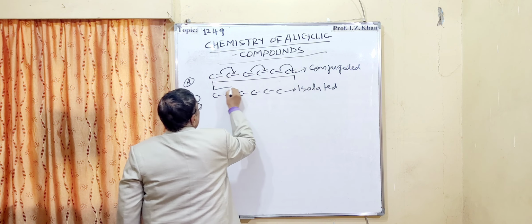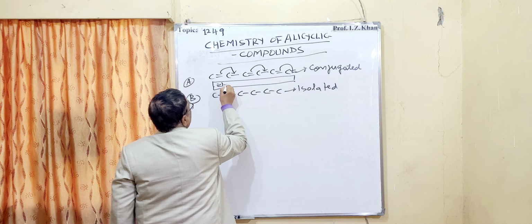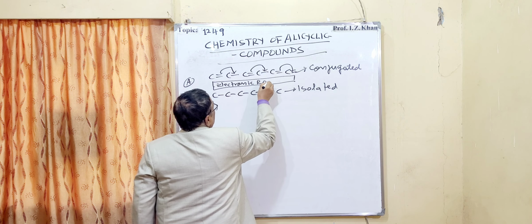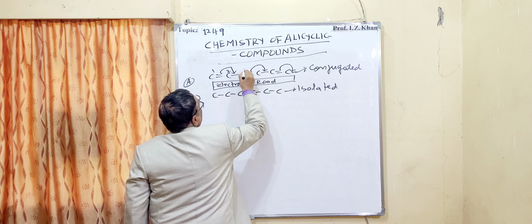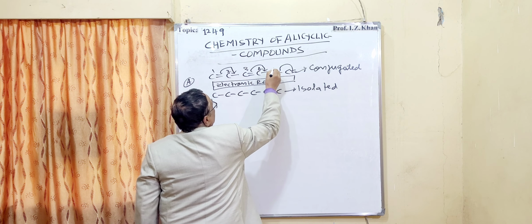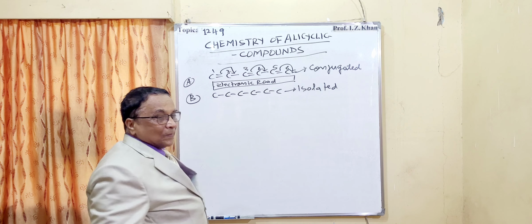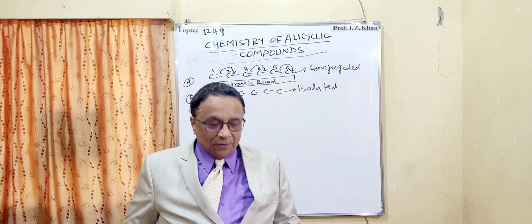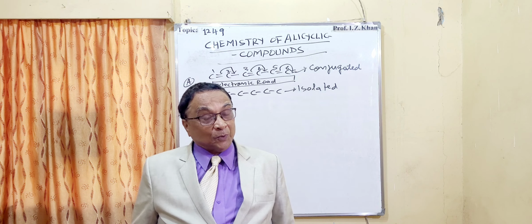I call it electronic road. Electronic road is provided for electron to move or delocalize from carbon 1 to carbon 6. Electron can move because of conjugation. The electronic road is provided.